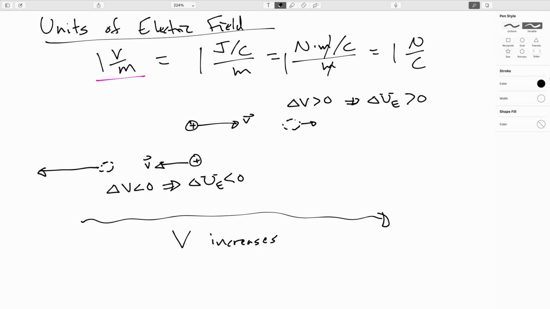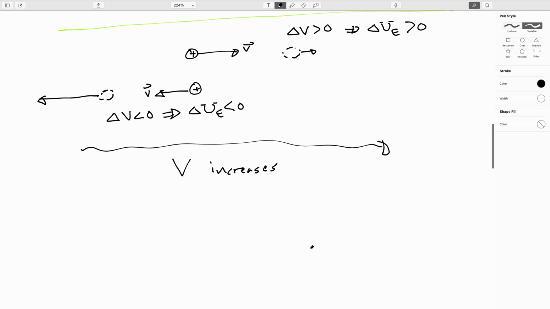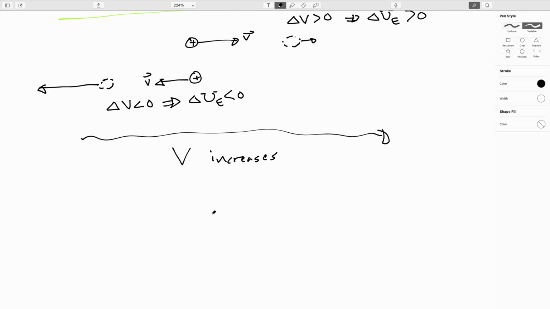And just to make sure that we've dotted all the i's and crossed all the t's, let's revisit this exact same scenario for negative charges. So here, if I go from here, and I was initially going this fast, and now I end up here, it's still the case that the voltage increased. But since the potential energy is the charge times the voltage, this would mean the potential energy decreased.